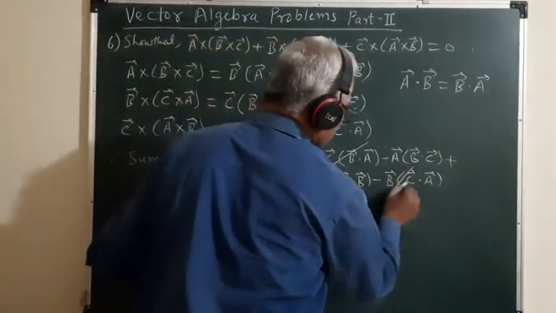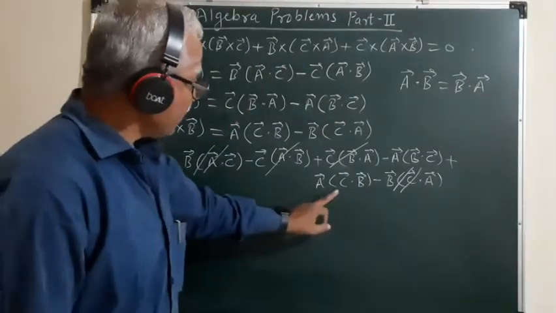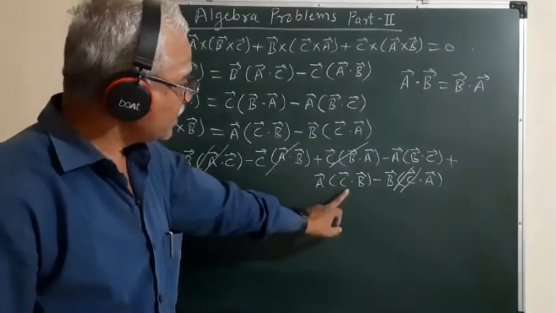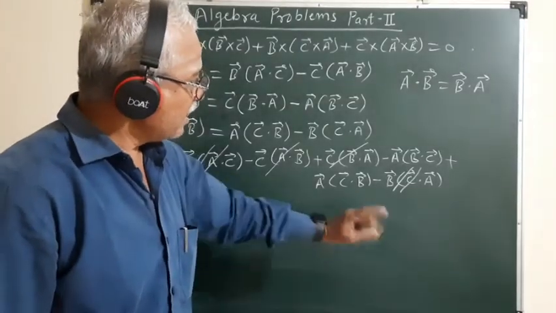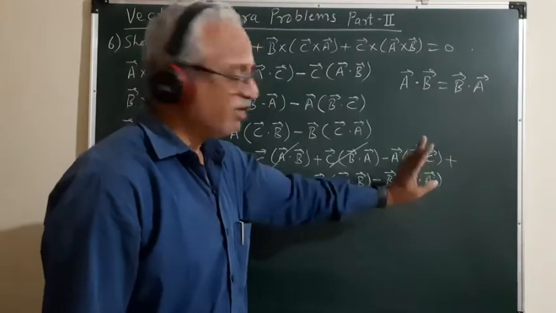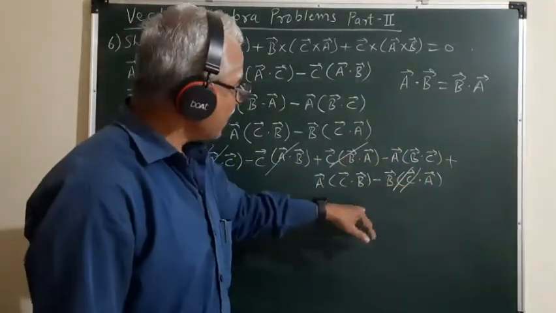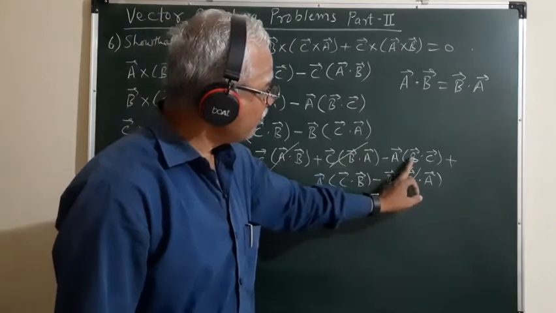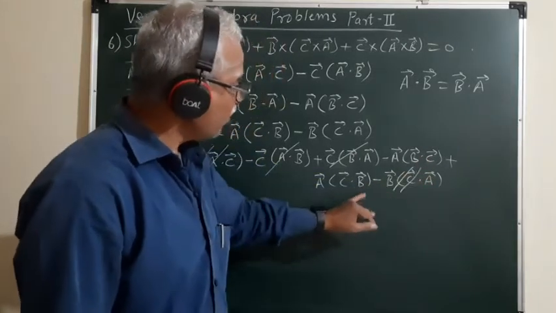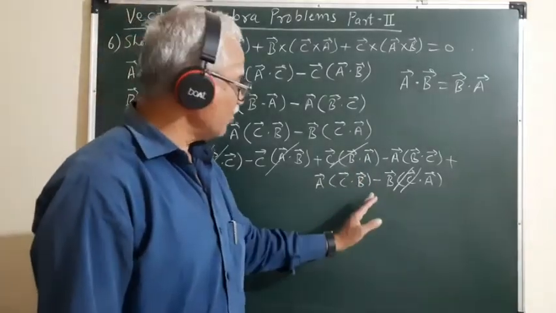So these two terms will cancel. Similarly, here we have the term a bar into c bar dot b bar, plus the term minus a bar into b bar dot c bar, and again using the same property, we can replace either b bar dot c bar by c bar dot b bar, or c bar dot b bar by b bar dot c bar.